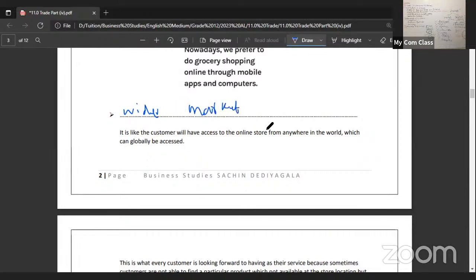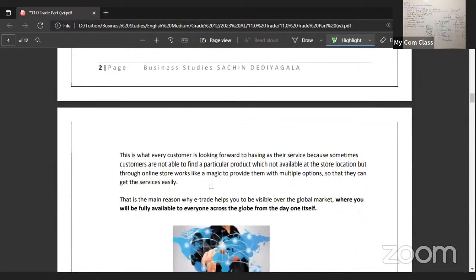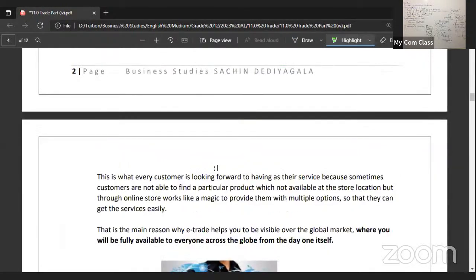So it is like the customer will have access to the online store from anywhere in the world, which can globally access. So this is what every customer is looking forward to, having their service, because sometimes customers are not able to find a particular product which is not available at the store location, but through the online store.